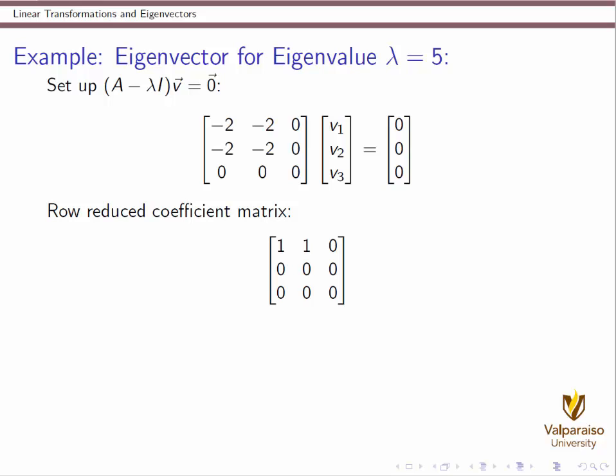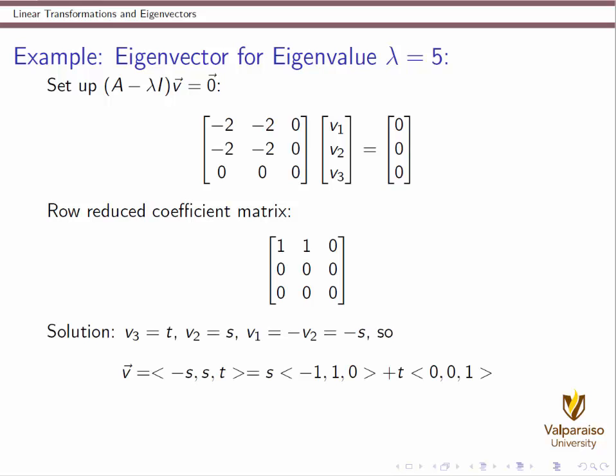And what this tells us is that there are 2 free parameters in this solution space. There's only one row with anything in it. So the bottom 2 rows tell us that both v2 and v3 will be free parameters. So let's name them t for v3 and s for v2. The top row tells us that v1 equals negative v2, which means v1 is negative s. And so the eigenvector solution space structure is negative s, s, t.